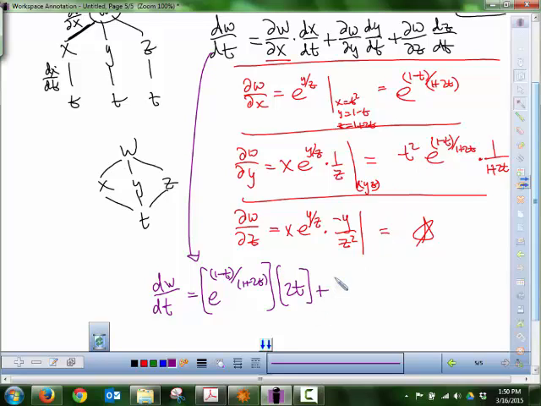Plus the next one, dw/dy, evaluated at those points, t squared e to the 1 minus t, 1 plus 2t, divided by 1 plus 2t, times dy/dt, which was negative 1 plus star times 2.